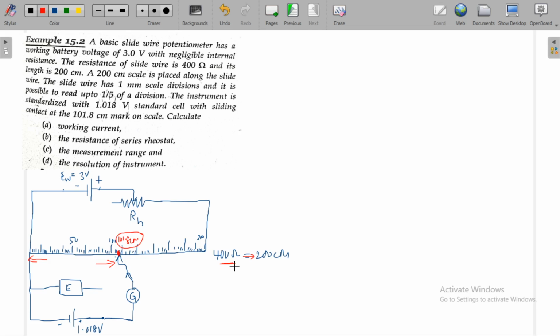It is having the length of 200 centimeters. Then what will be the resistance of 101.8 centimeters length of slide wire? Now let us find the resistance of 101.8 centimeters length of wire.